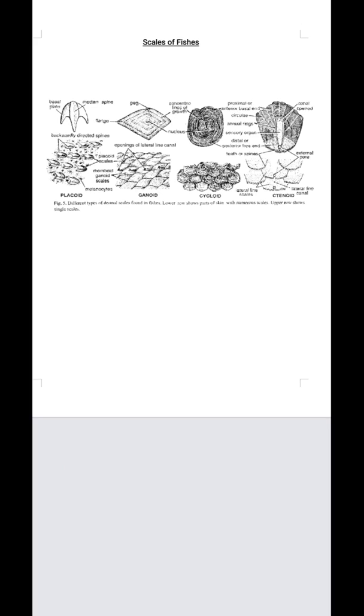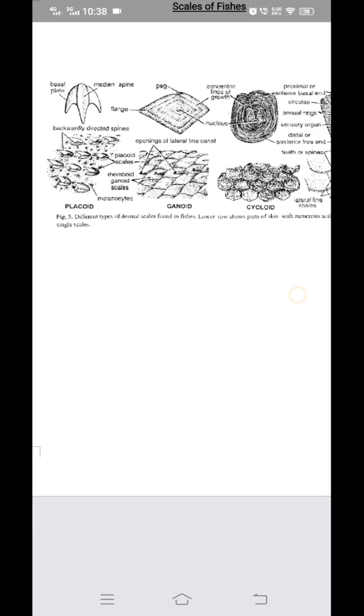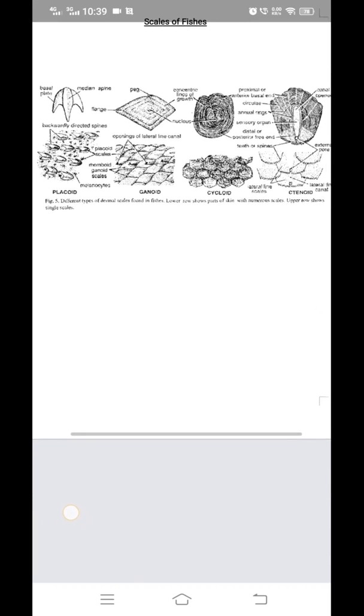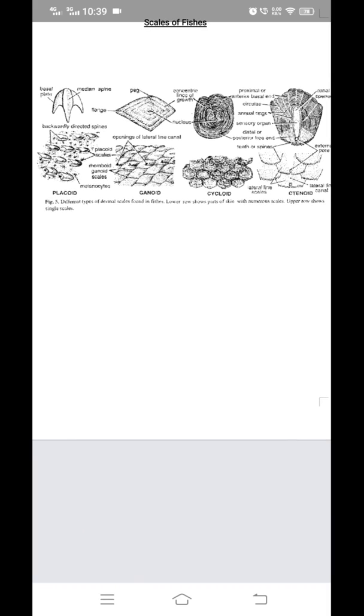Five types of dermal scales that have been found in the fishes are cosmoid, placoid, ganoid, cycloid, and ctenoid. Here in the diagram, you can see all these kinds of scales. Talking about the first type of scales, that is cosmoid, they are not found in the living fishes, but they are the characteristic of certain ostracoderms, placoderms, and extinct sarcopterygians.